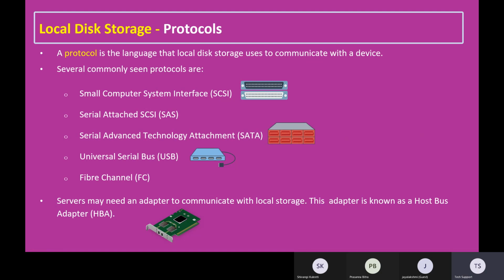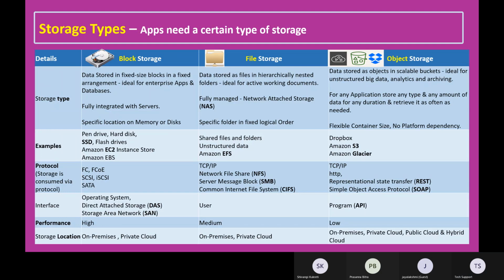Now we are going to observe what are all the storage types available in real-time scenarios. There are three types of storage available. Why do we need to discuss the storage types? Because all our applications need a certain type of storage to store the data.